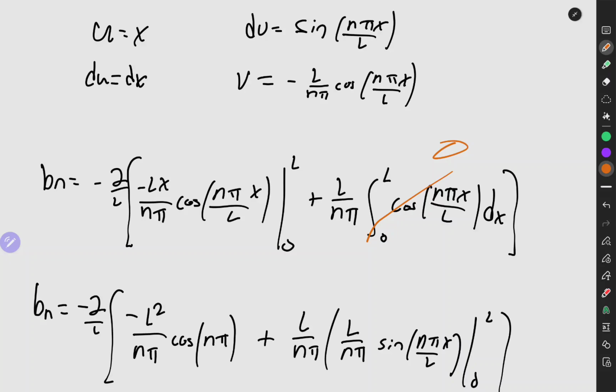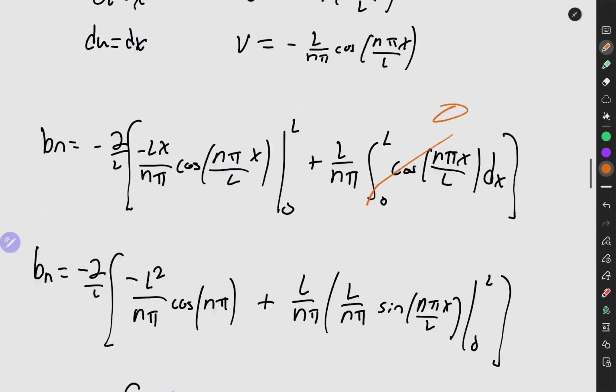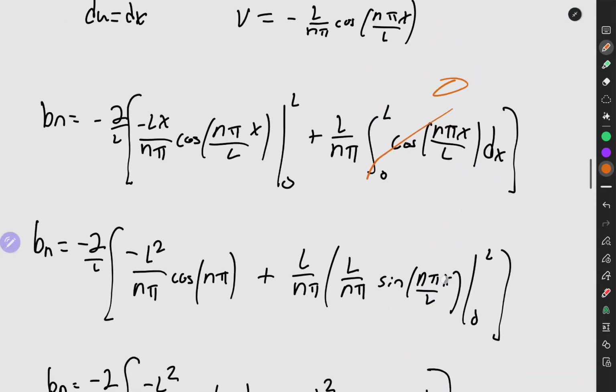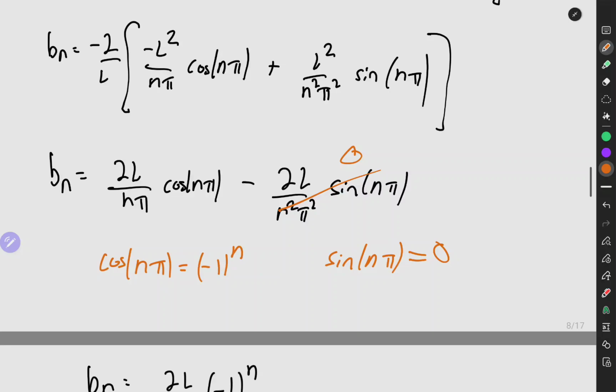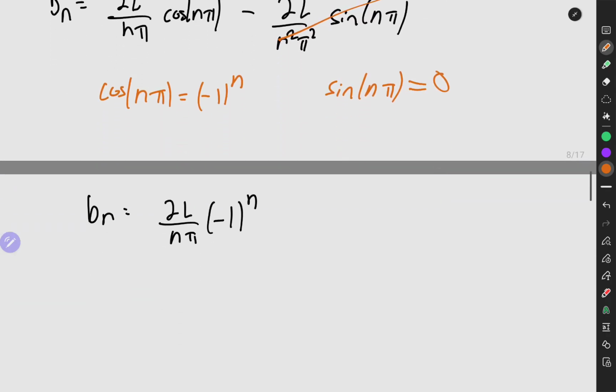Whenever you have sine evaluated at a multiple of pi, it's always going to be 0, no matter if it's sine of negative n pi or sine of n pi. So that's how I know. You could have stopped right there and eliminated that term. That's just thinking efficiently. You want to start thinking efficiently with these, especially as they get harder. You'll see what I mean.